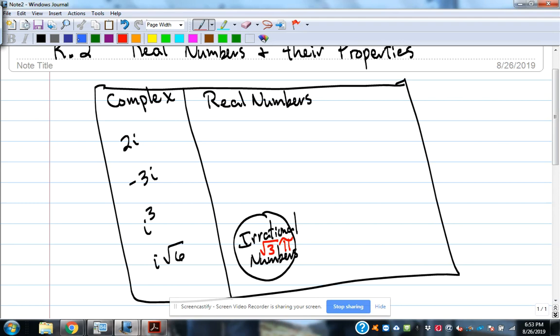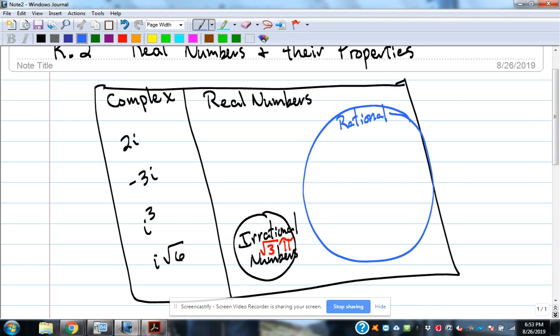Over here on the other side, we've got this large bucket. That larger bucket is the rational numbers, which means numbers that can be written as fractions. Most numbers can be written as fractions. Think about the number 7. 7 over 1 is a fraction, so that's an example of a rational number.